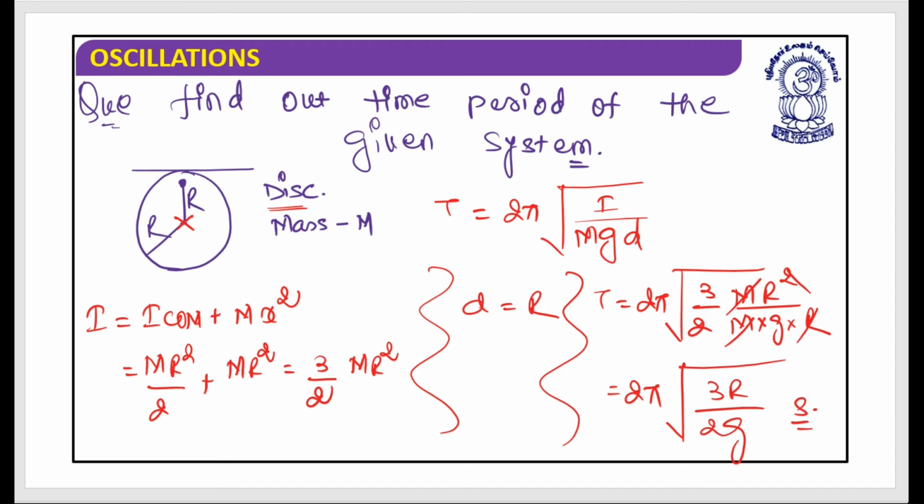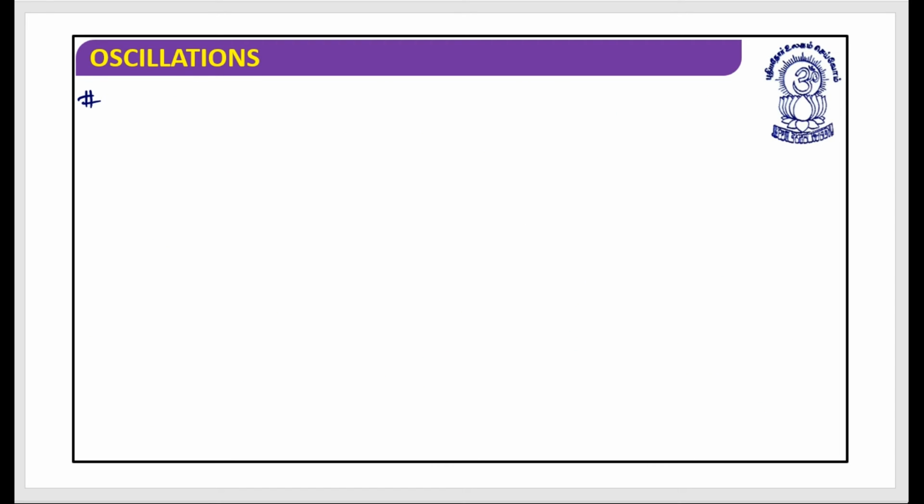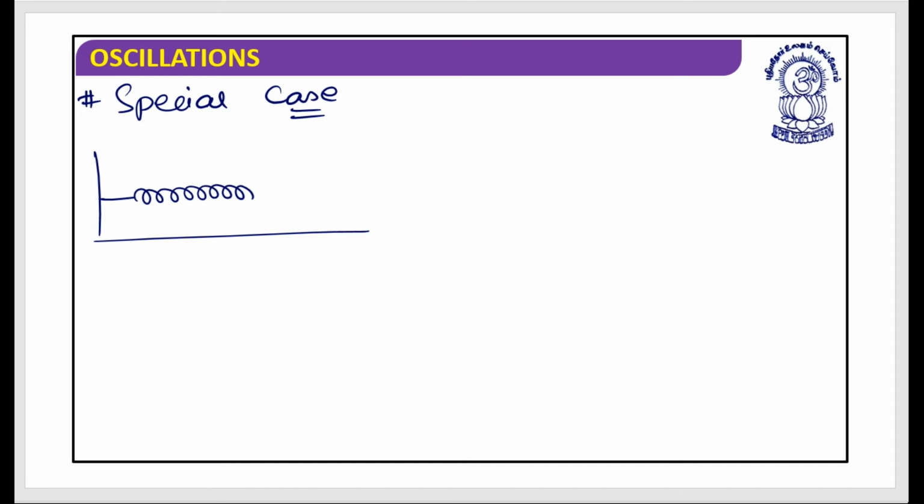As we were discussing physical pendulums, let's discuss a special case. Actually, this is not the case of the physical pendulum, but it is associated with a rigid body itself. So let us take it here only: this was the spring, and with the spring we have attached a sphere. The sphere has mass m and radius r, and the spring has spring constant k.